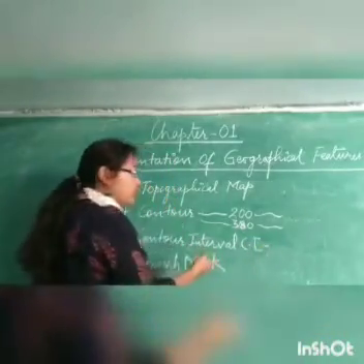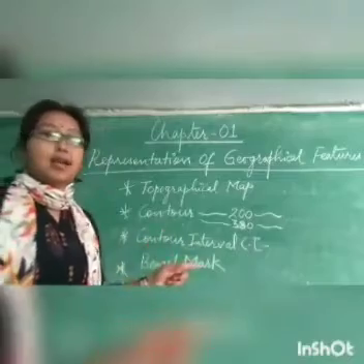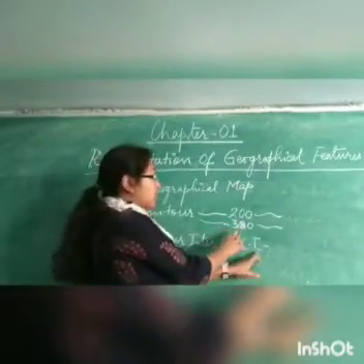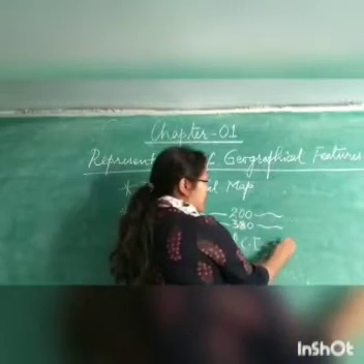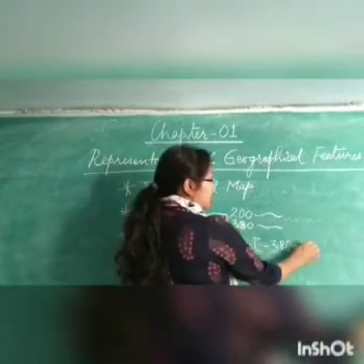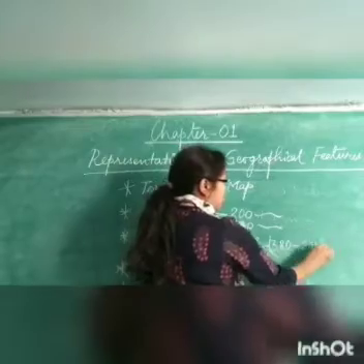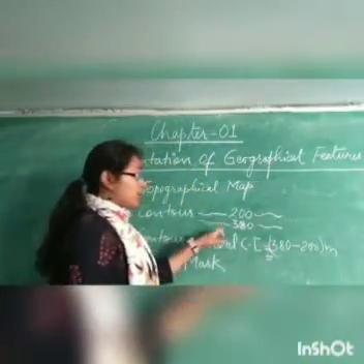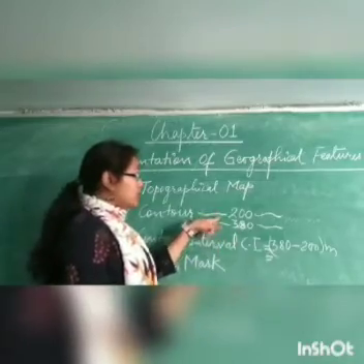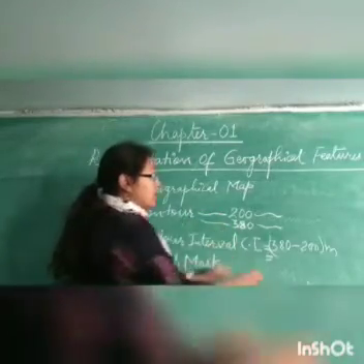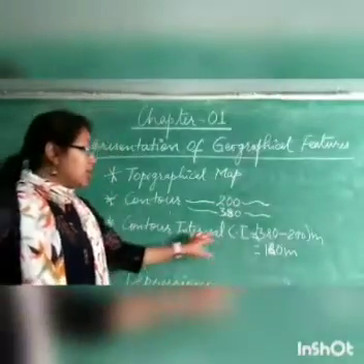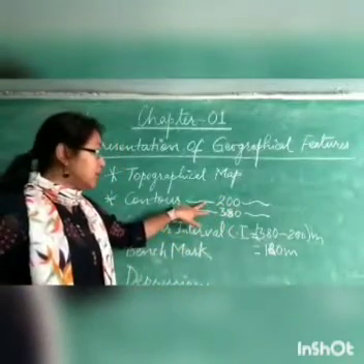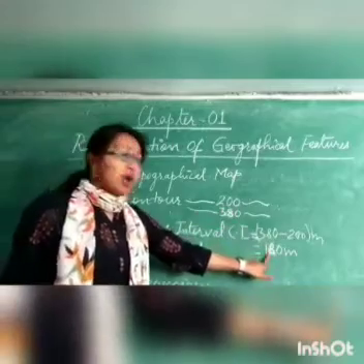The abbreviation of contour interval is CI. So what is the CI of these contour heights? This is 380 minus 200 meter. The gap between these two contour heights, the contour interval between these two, is 180 meters.